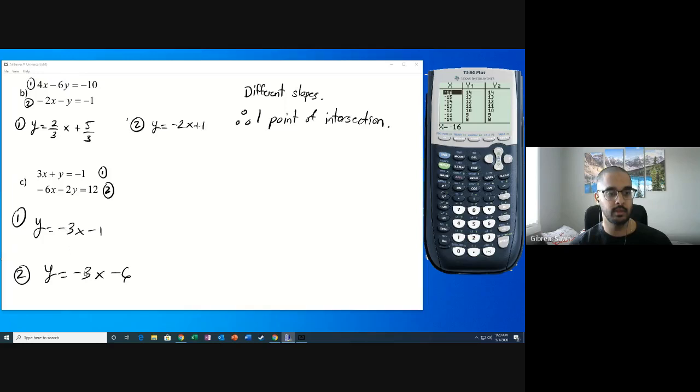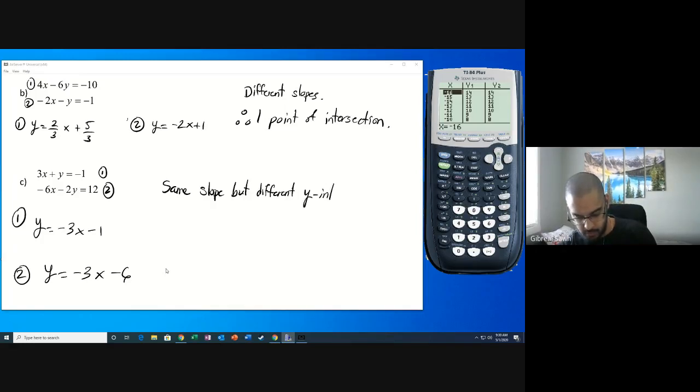Same slope, but different y-intercept. Therefore, these lines are parallel and they have no solutions. These are parallel lines with no solution.